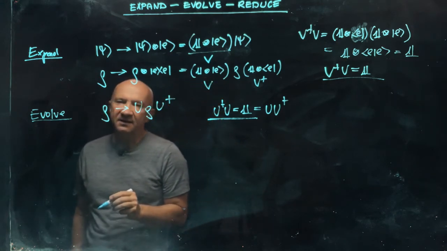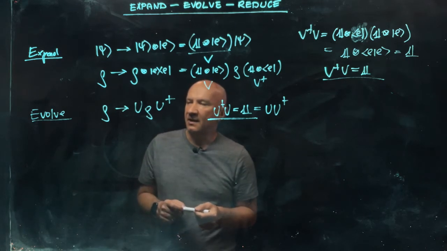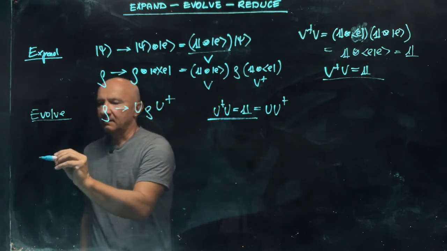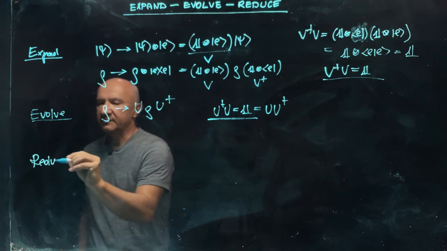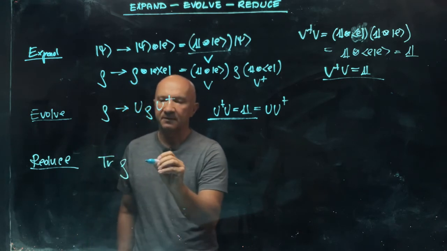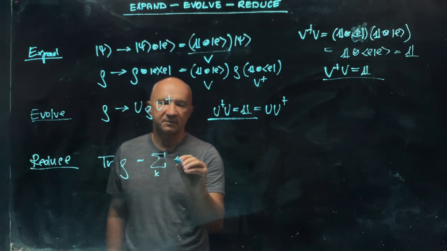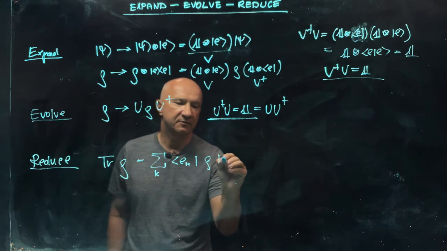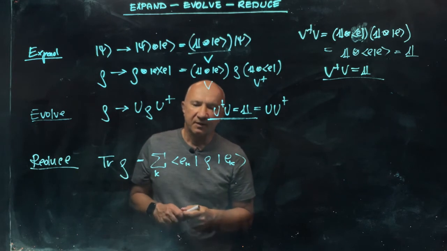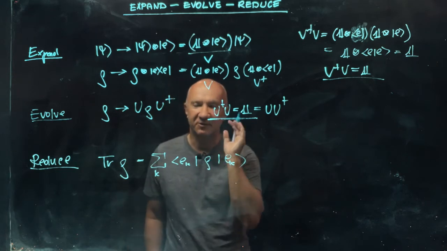Now the other interesting thing to notice is that tracing can also be written in the Krauss representation. Call this part reduction. So we now reduce the system. If you take the trace of some generic rho, you write it as follows. You pick any basis, so say the sum over k of E sub k dagger rho E sub k. So you just simply sum over the diagonal in any basis. You look at this expression and you can see that it is already written in the Krauss form.